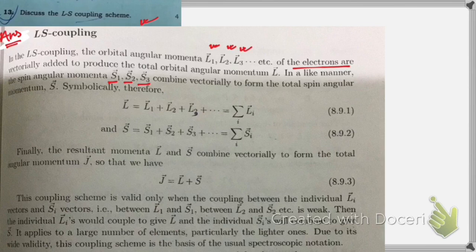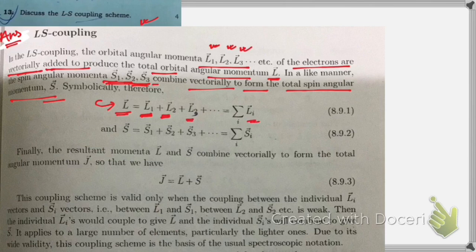We add the orbital angular momenta vectorially to produce the total orbital angular momentum L. Similarly, the spin angular momenta are combined vectorially to form the total spin angular momentum S. Using symbols, this is the resultant orbital angular momentum, obtained by vector addition of the individual orbital angular momenta, summation Li.